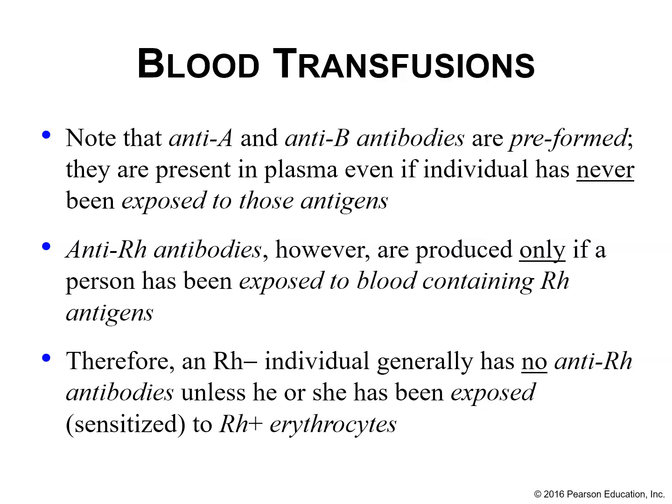Therefore, an Rh negative individual, which means he has no Rh antigen on his red cell membrane, generally has no anti-Rh antibodies unless he or she has been exposed, or what we call sensitized, to Rh positive red blood cells. And we'll see an example of that in a condition that we call erythroblastosis fetalis, or hemolytic disease of the newborn.